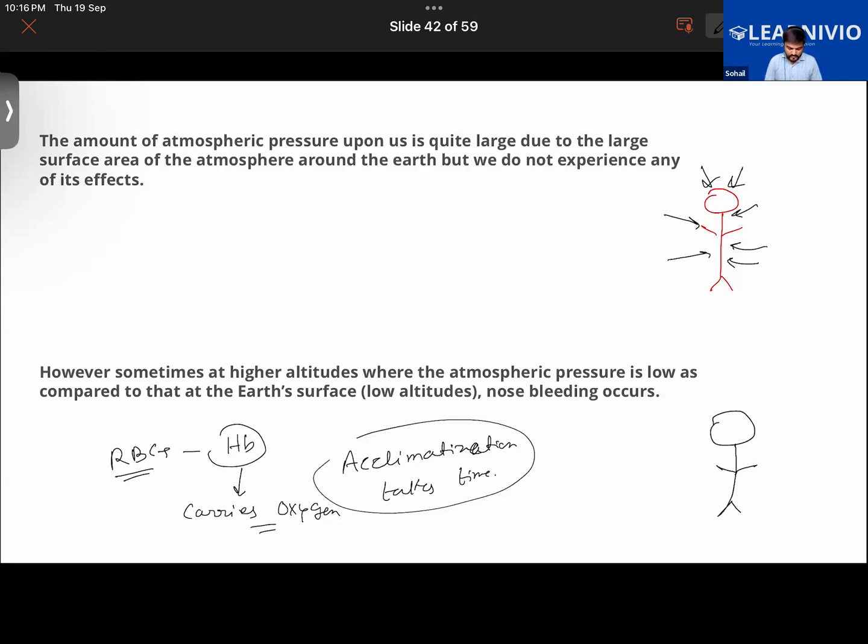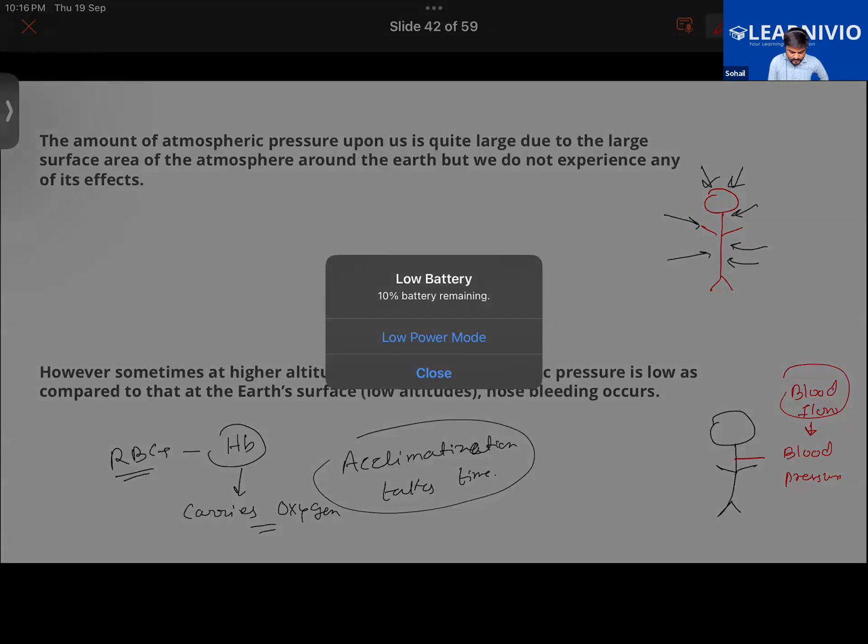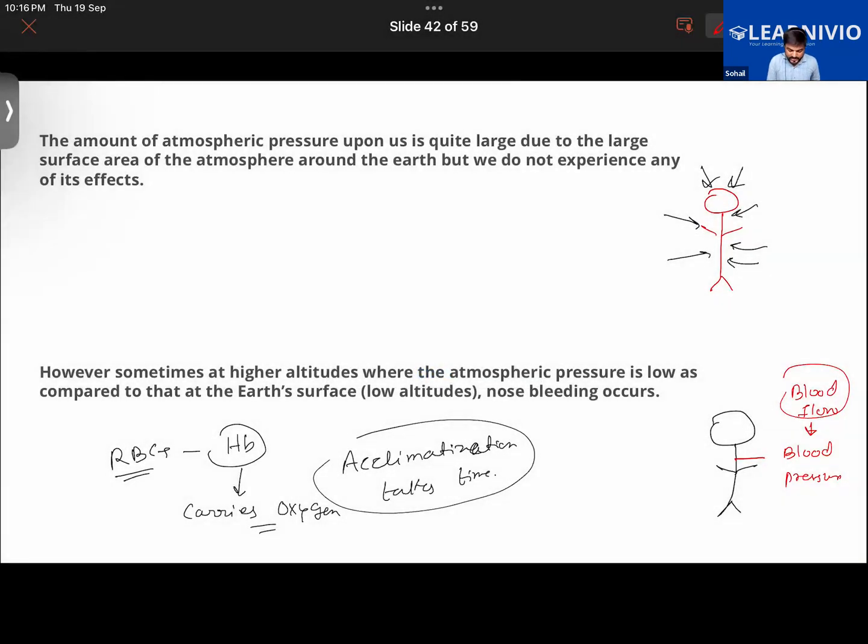Okay, now talking about the nose bleeding, why it occurs. The thing is that blood pressure is generated due to the flow of the blood. And we have the atmospheric pressure also.